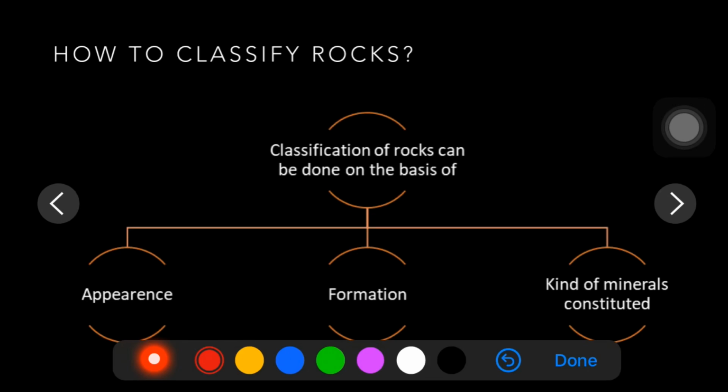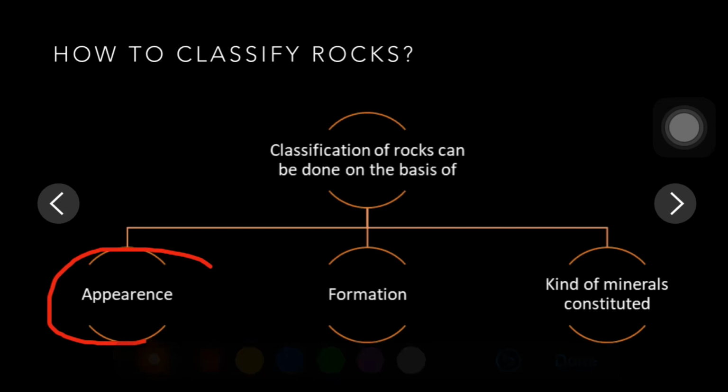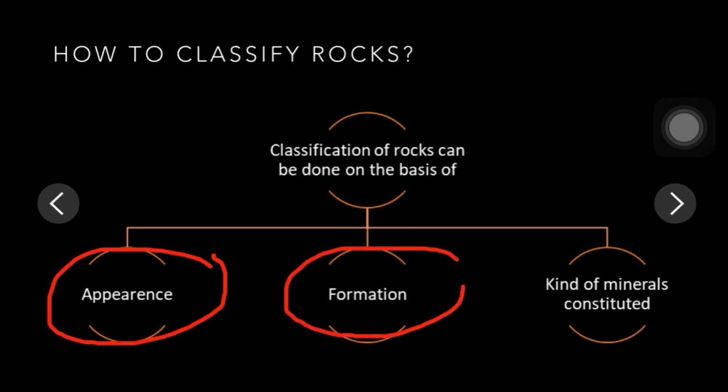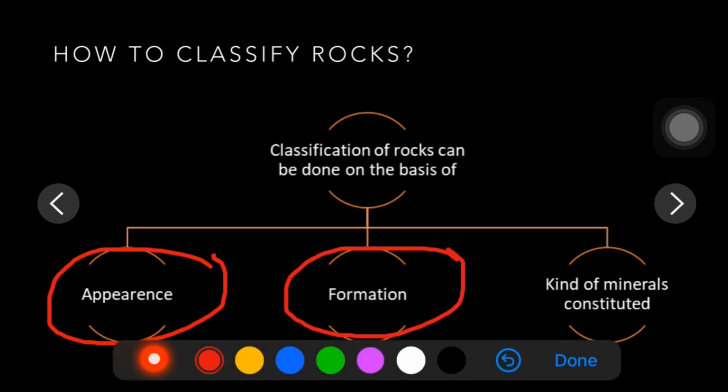The very first basis of classification is appearance. How a rock looks also decides whether it's igneous, sedimentary or metamorphic. The next pointer is formation. How the rock is formed, which process it has undergone, also decides whether it comes into the category of igneous, sedimentary or metamorphic.